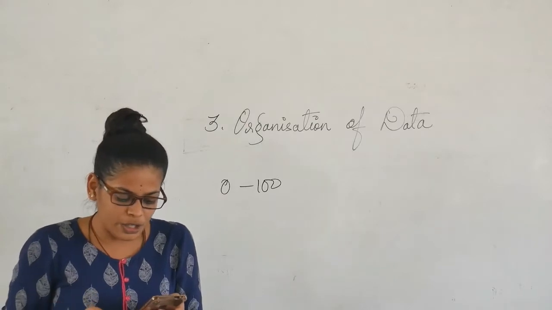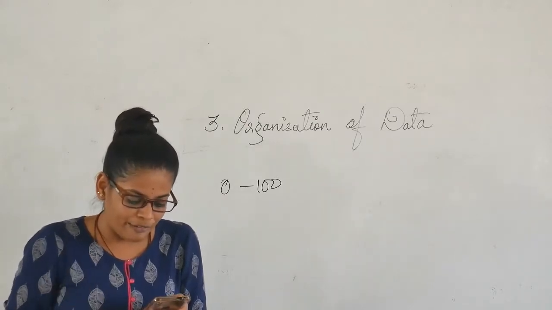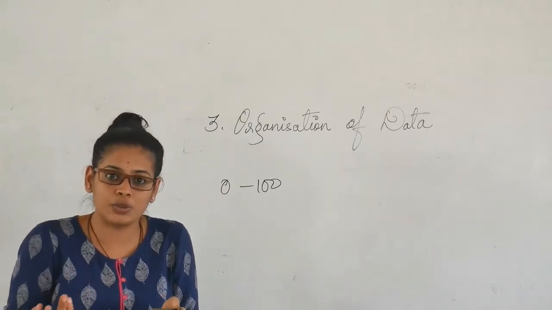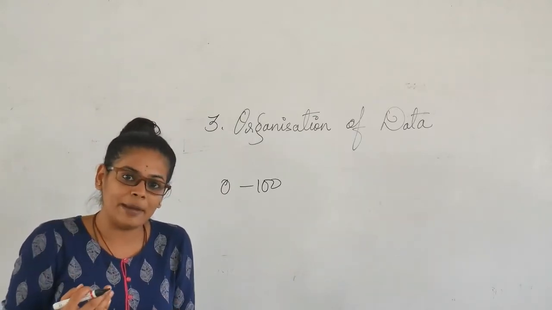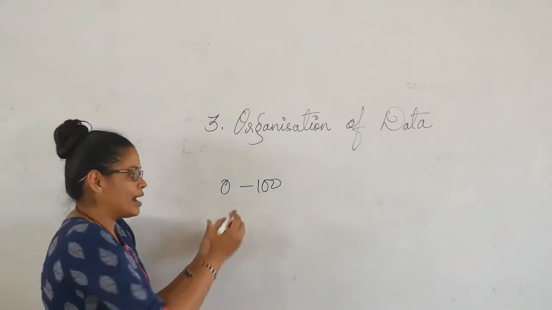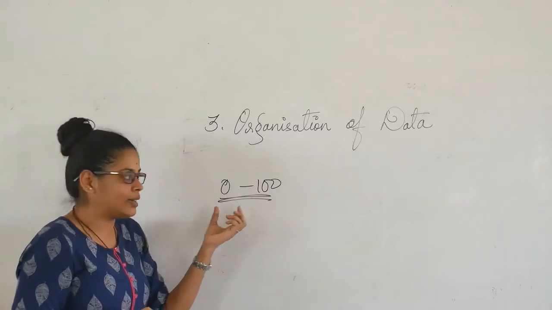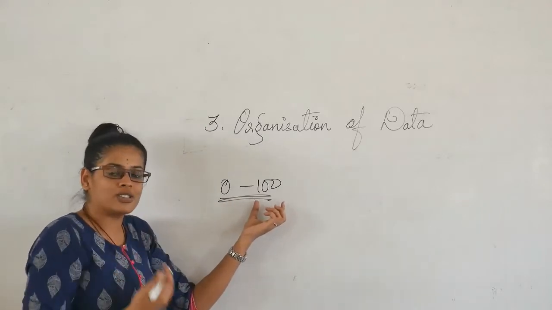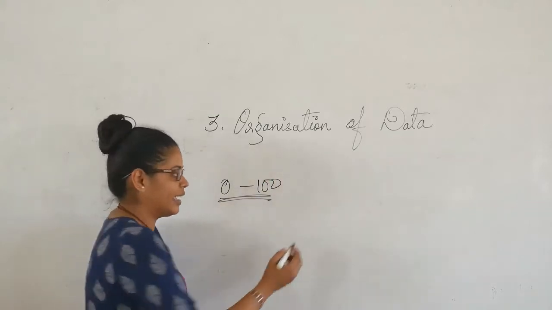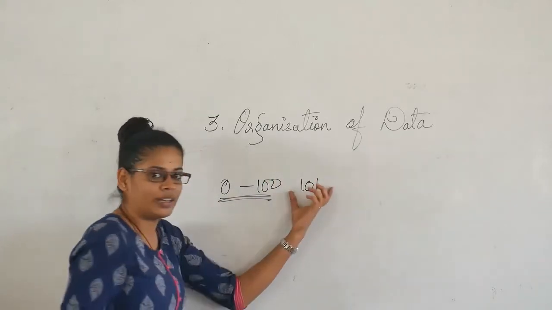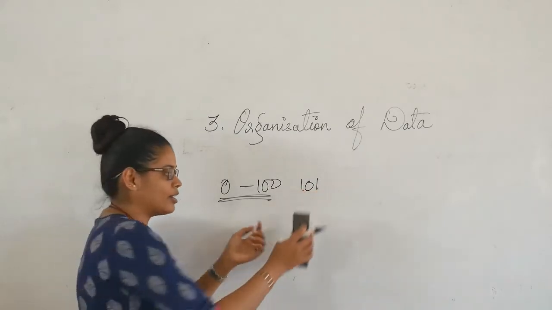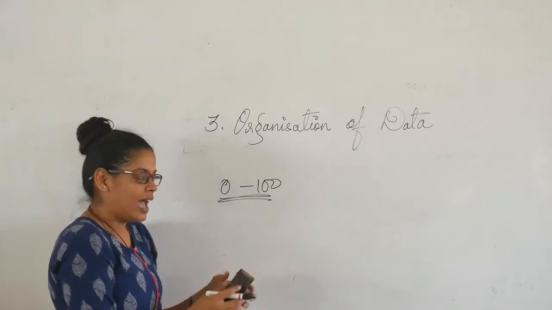It is because we choose the minimum value of the variable as the lower limit of the first class. In fact, we could have chosen a value less than the minimum. When a student scores marks in any subject, it may be 100, but it cannot exceed 100. Can I say that 101 is a mark? We cannot, because 100 is the maximum marks.